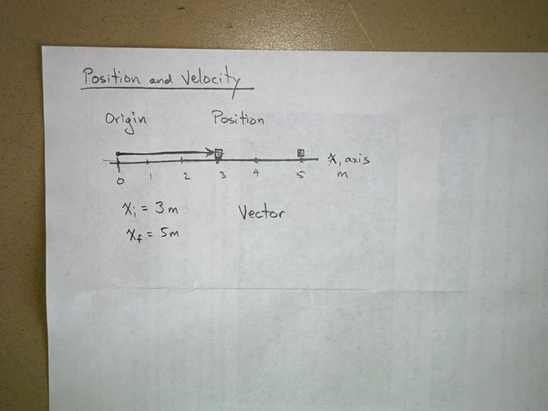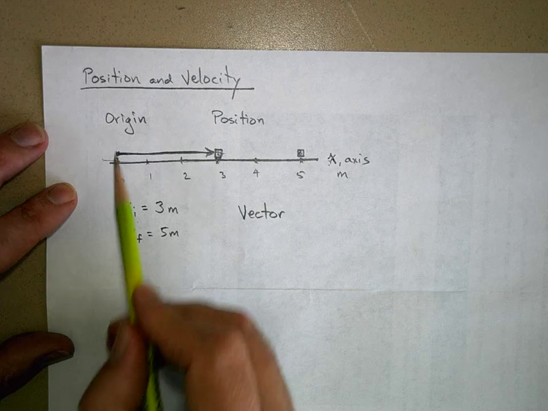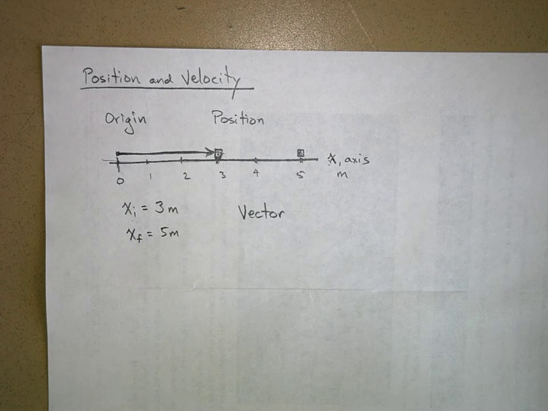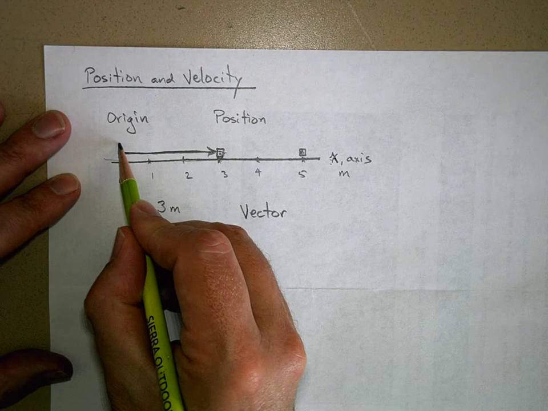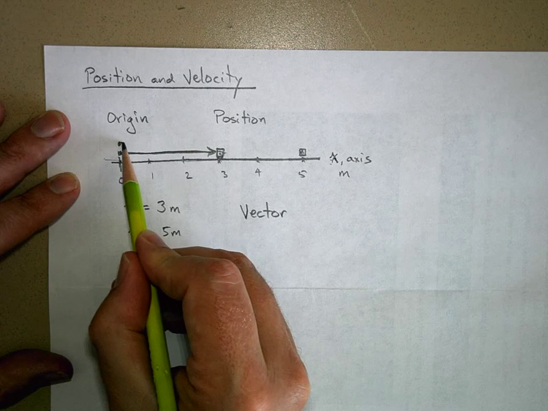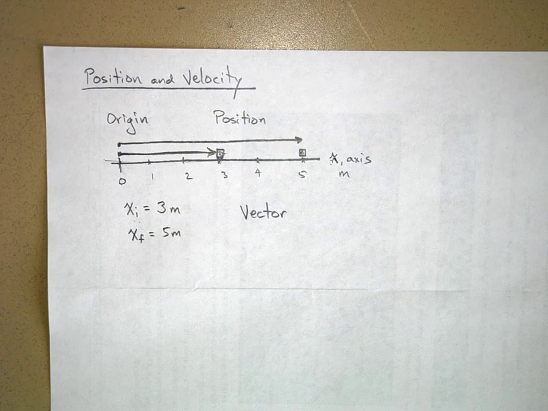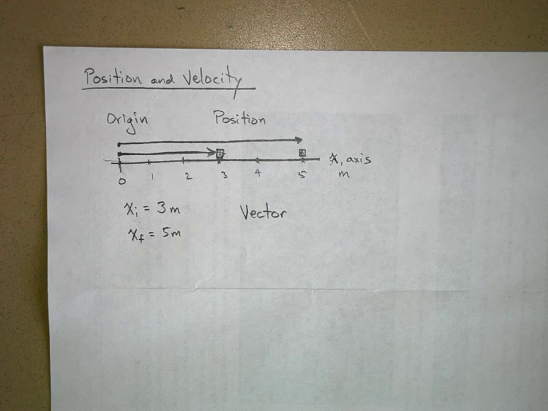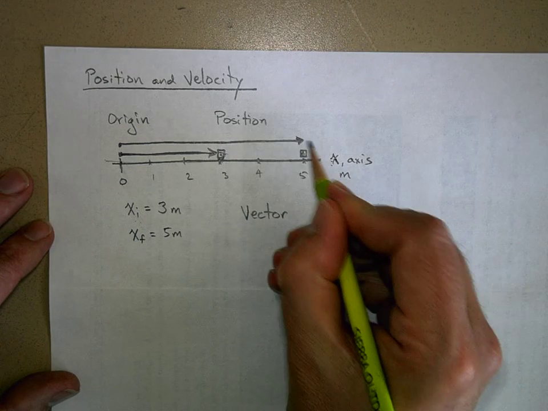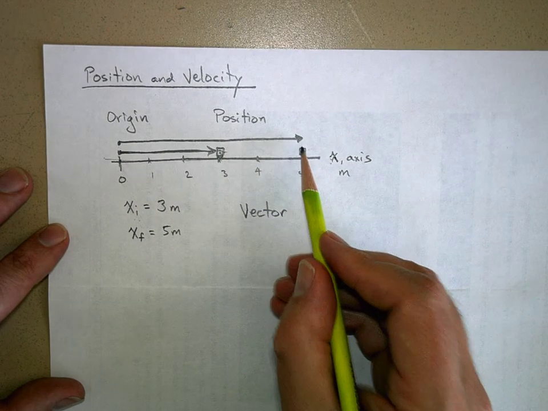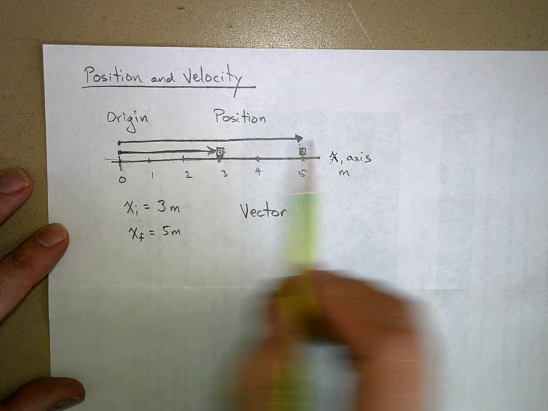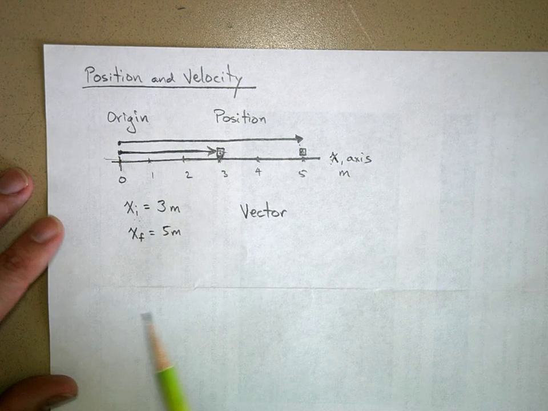Now my final position, I'll just stack the arrows, just to make it easier to look at. I'll stack the final position up here. There's my final position vector. Now, when you draw an arrow, this is the point or the head of the arrow, and this is the tail.